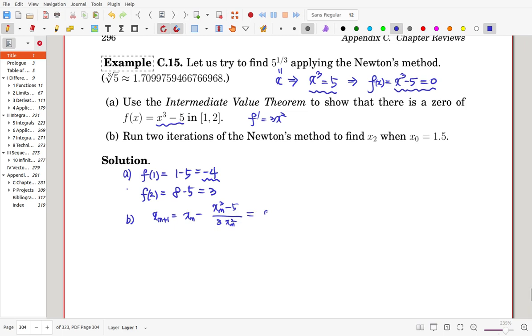That is xn minus xn over 3 plus 5 over 3 times 1 over xn squared. Let's rewrite this: 2 over 3 xn plus 5 over 3 times 1 over xn squared.